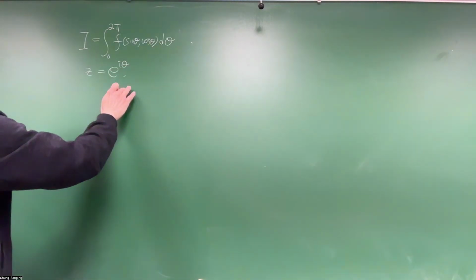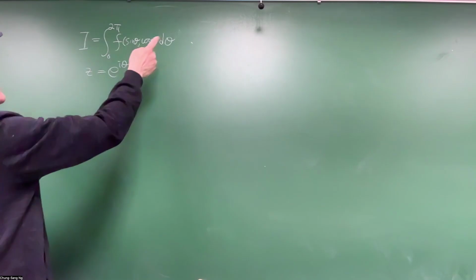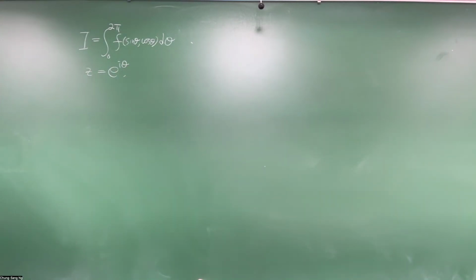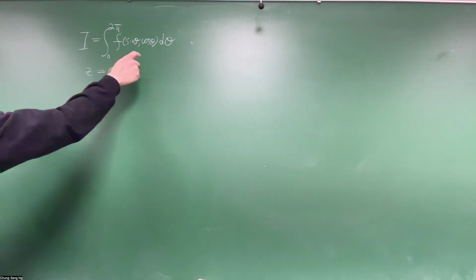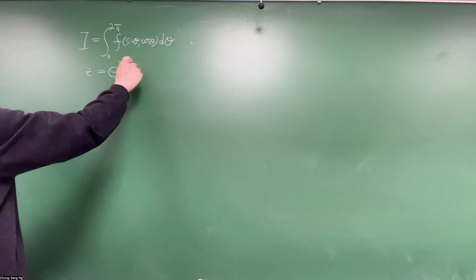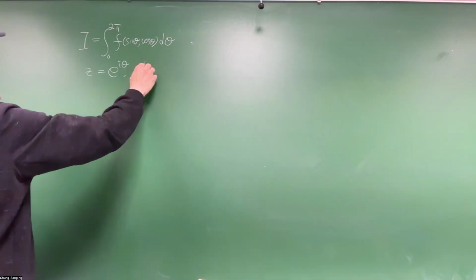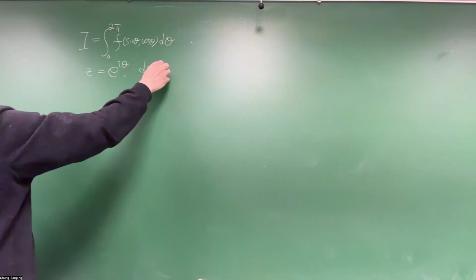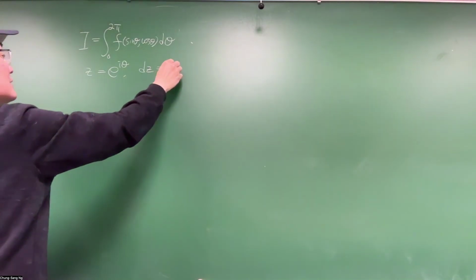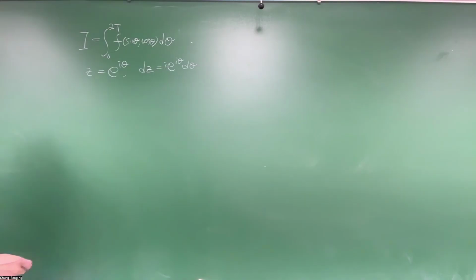Now the only thing to do is just change a variable, to change theta to z, and then you just follow the usual way of changing variable. So you want to get a d theta out in terms of dz, so you take the derivative of that. You get i e to the i theta d theta.